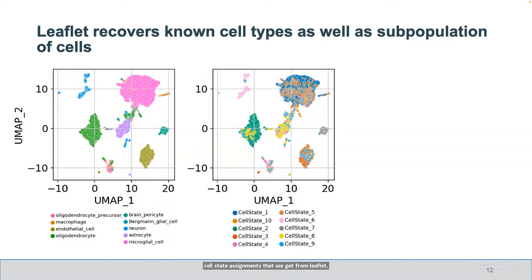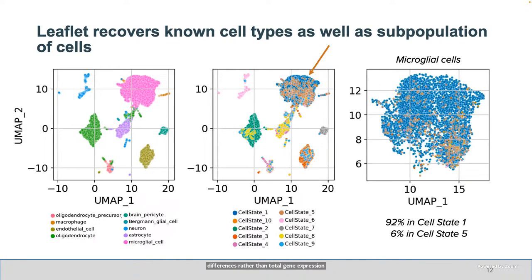Overall, these two labels correspond pretty well. But in addition, we can see that within the microglia, for example, shown here as those pink cells on the left, there are potentially subpopulations of cells in this cluster that are driven primarily by their splicing differences rather than total gene expression.